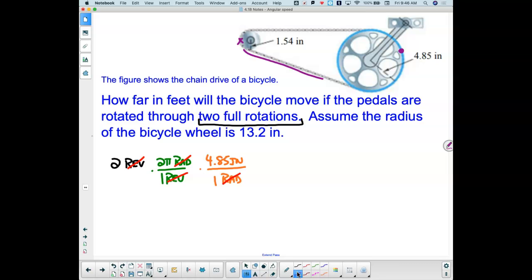So now I'm on the little sprocket. Right? Okay? So what can I do with that to get to the wheel? So now I'm in radians that the little sprocket spun.